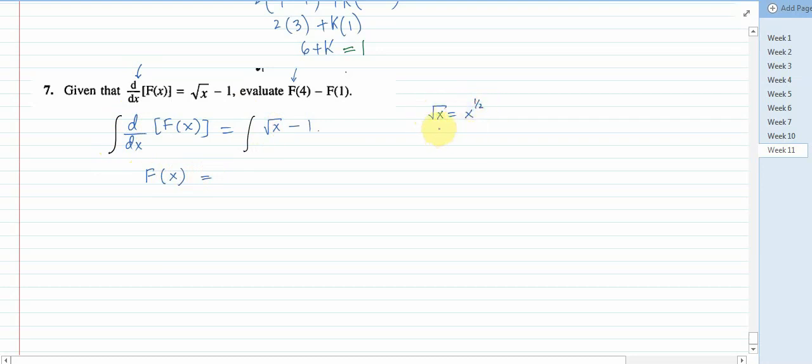And when we add 1 to the power, 1 upon 2 plus 1 is 3 upon 2. So that is x to the power 3 upon 2, minus 1 integral is x. So f of x is equal to x to the power 3 over 2 minus x, meaning half of the question has been done. Now we need to find f of 4, and then we need to find f of 1.